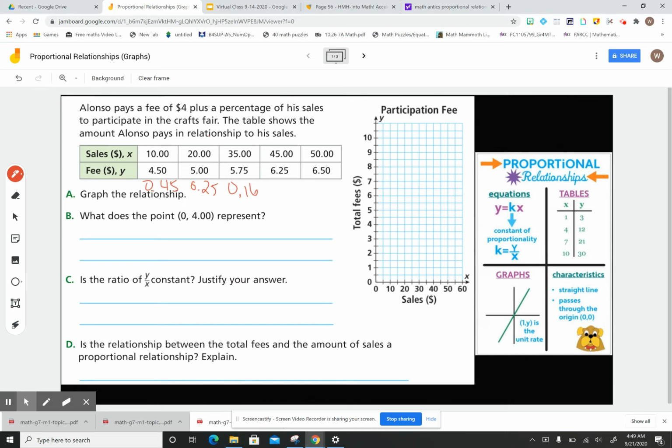If we were to take $6.25 divided by 45, let's double check that. $6.25 divided by 45 is about 14 cents. $6.50 divided by 50 will give us 13 cents. So none of these are the same. They're not all the same, which means this would not represent a proportional relationship.